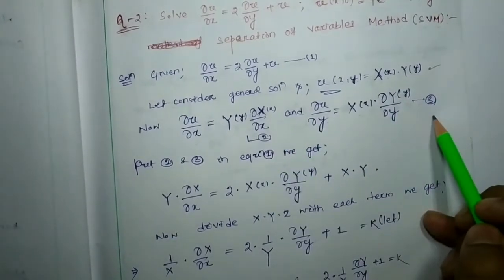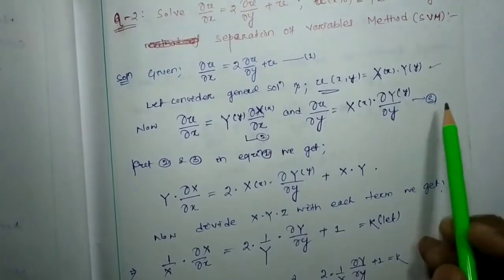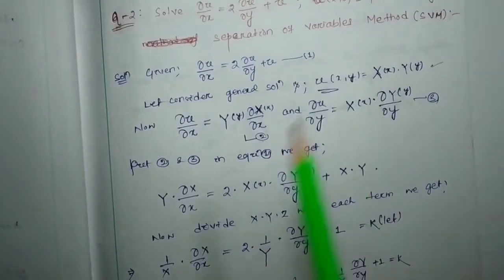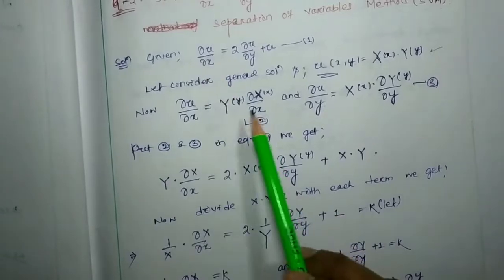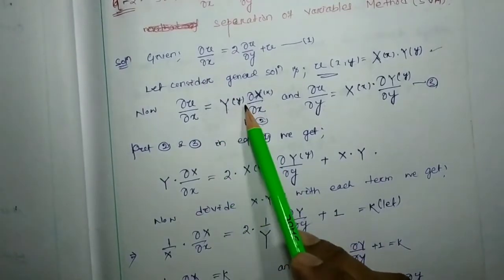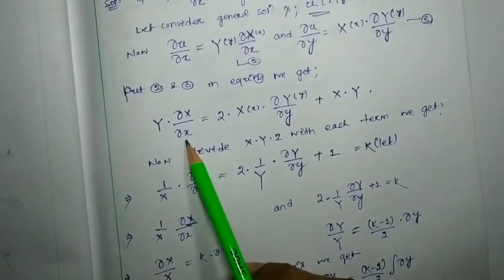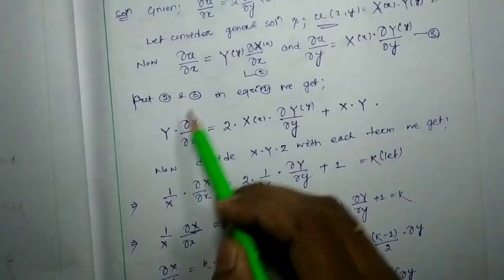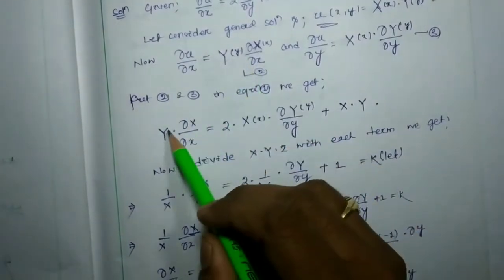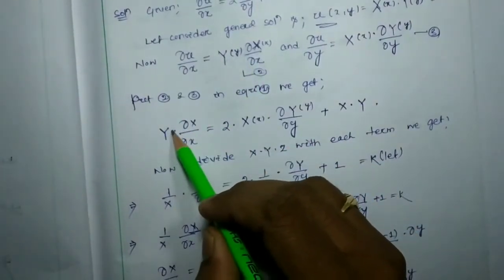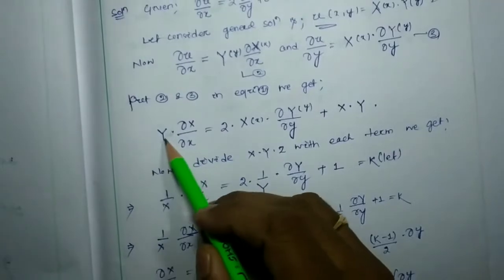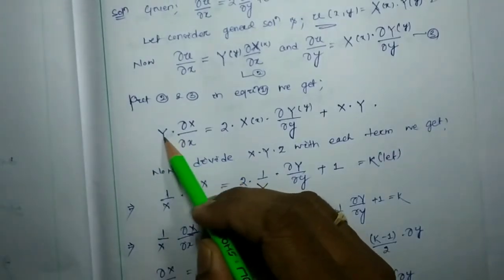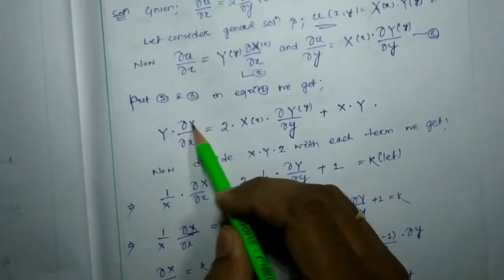Now we have to substitute 2 and 3 in equation number 1. Here del u by del x is nothing but Y into del X by del x. I am not writing again and again that Y is a function of y, so I omitted that, but you have to keep in mind that capital Y is always a function of y, and capital X is always a function of x.